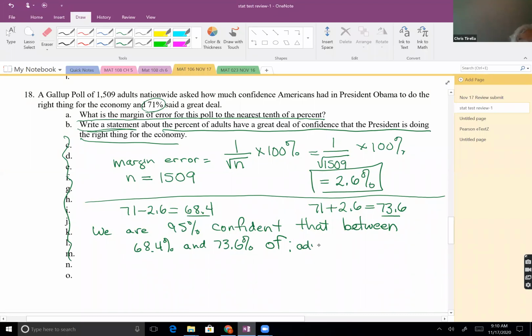Adults have a great deal of confidence. That I'm going to add Obama instead of president to put it in context. It was doing the right thing for the economy.